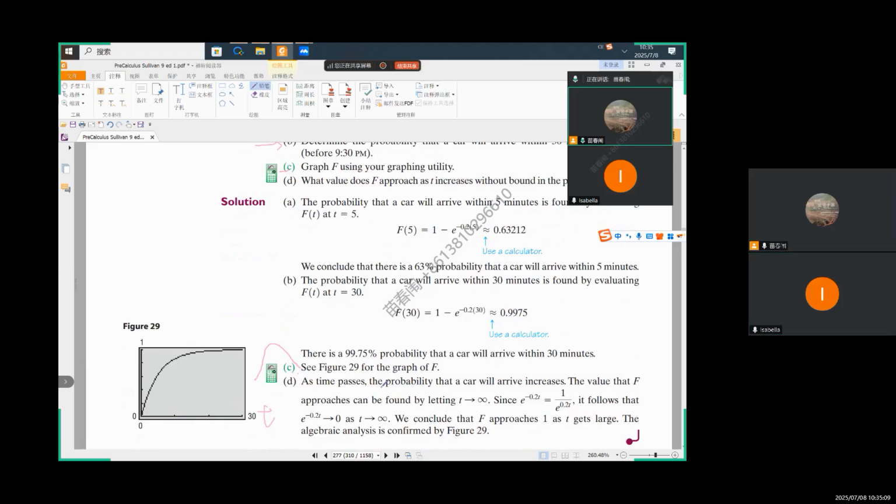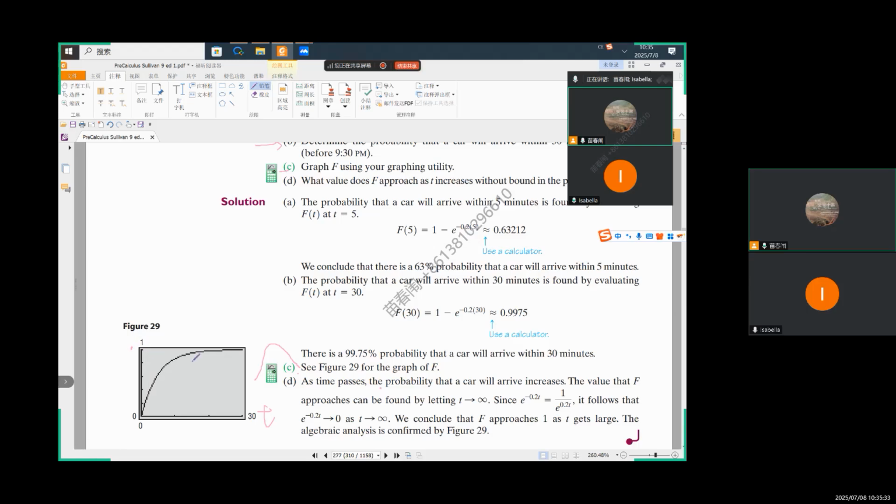This keeps increasing. What does y approach? Y approaches infinity. Y here is 1. Is it 1? This is 1. The scale here tells us this is 1.